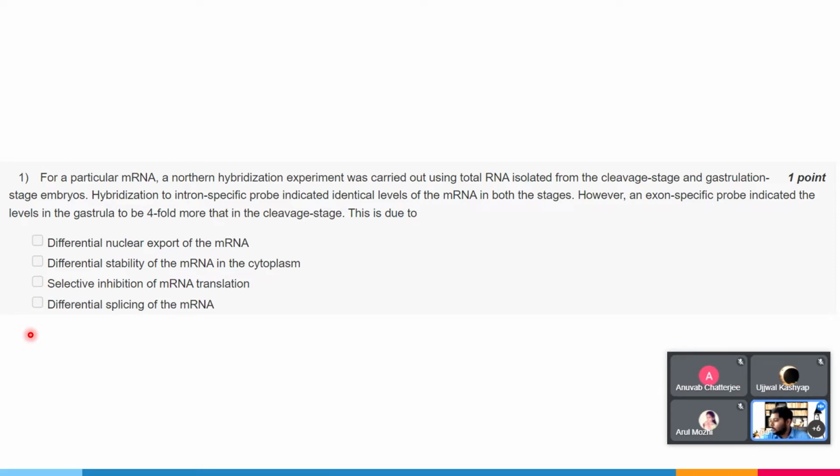Anyone else that wants to try? Deepak says differential nuclear export of mRNA and differential stability of mRNA in the cytoplasm. Uchwal, Oindrila, does anyone want to give it a go? You have gone through the week's videos, I guess.